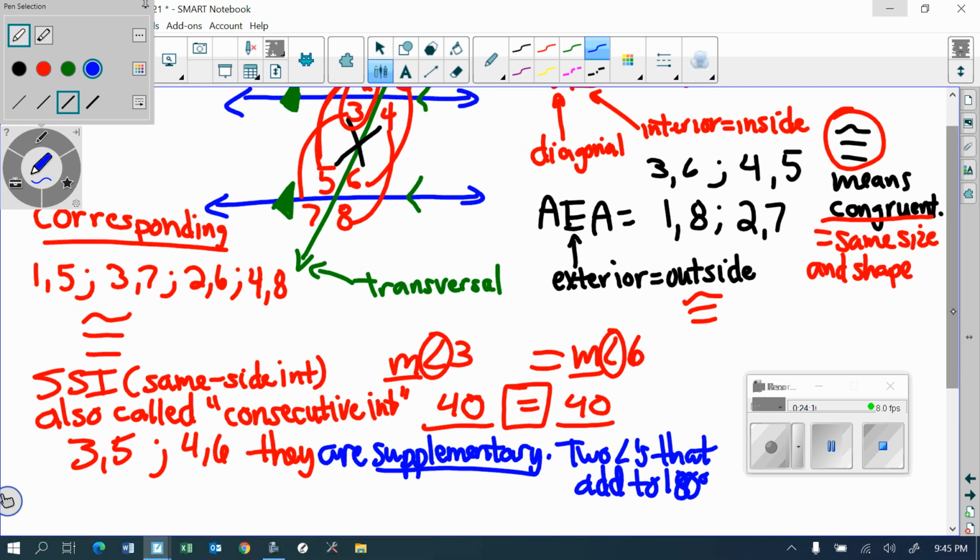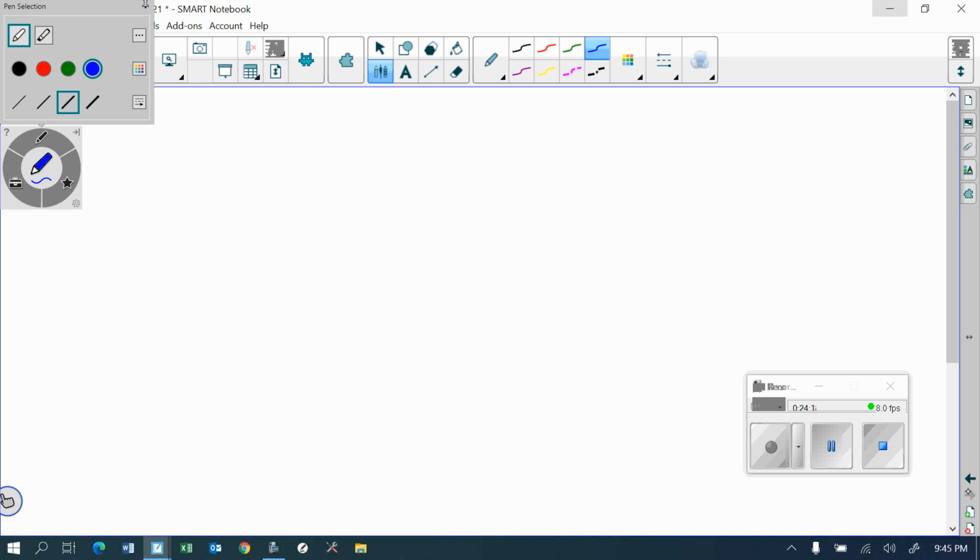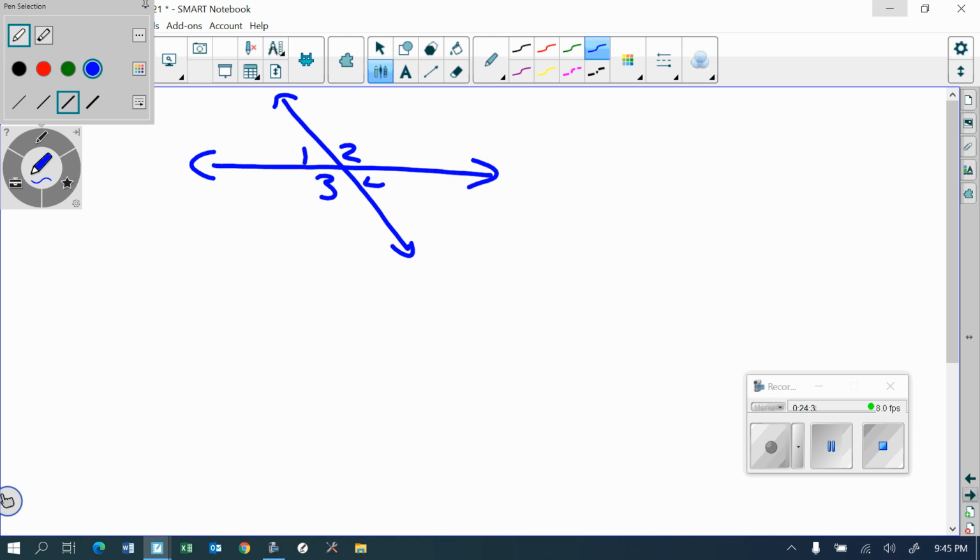Okay, I'm going to redraw this on the next page and just use that same drawing. We'll just do this. Okay, so if I call angle 1, 2, 3, and 4, angle 1 plus angle 2.